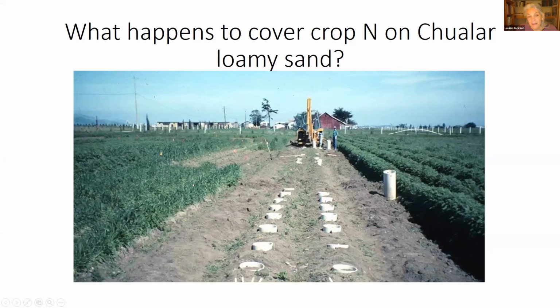So what we see here are Phacelia and Merced rye cover crops, and this center strip here did not have a cover crop. What we're doing is pushing in cylinders so that we can apply an isotopically labeled cover crop, a very safe, heavy isotope of nitrogen, and then look at where that went in a contained space.